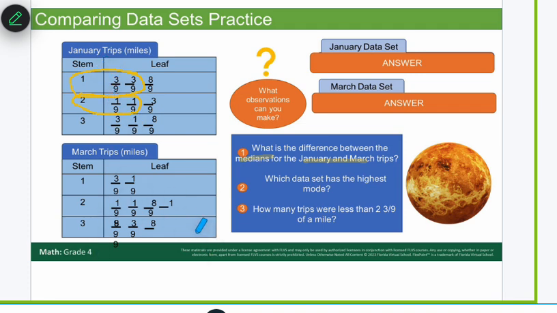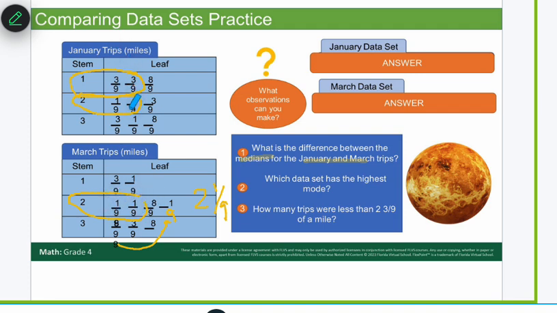On my second set, I see my mode. Same thing over here. I have 2 1/9. I actually have 3 of them because that 9 right there shifted over. All right, so I know 2 1/9 is the higher one here.